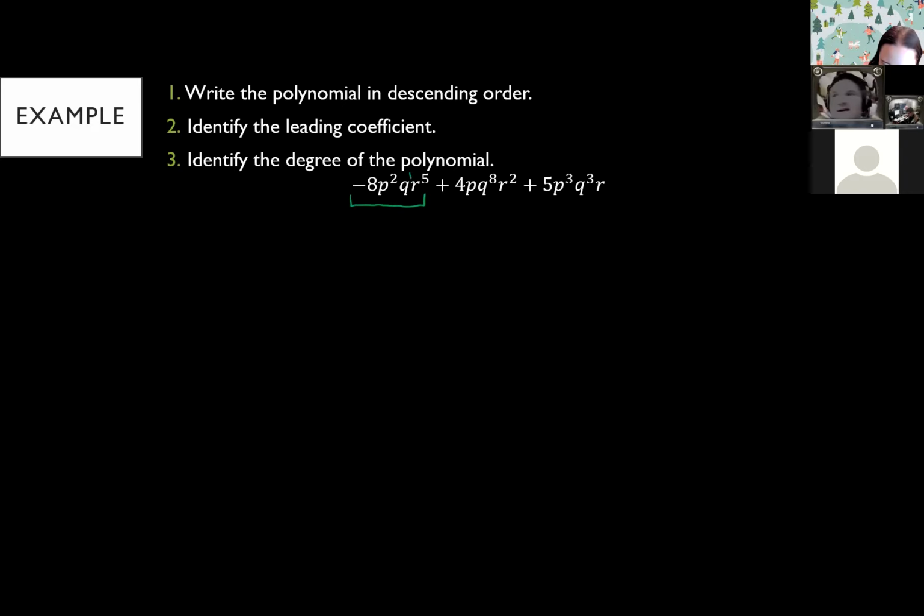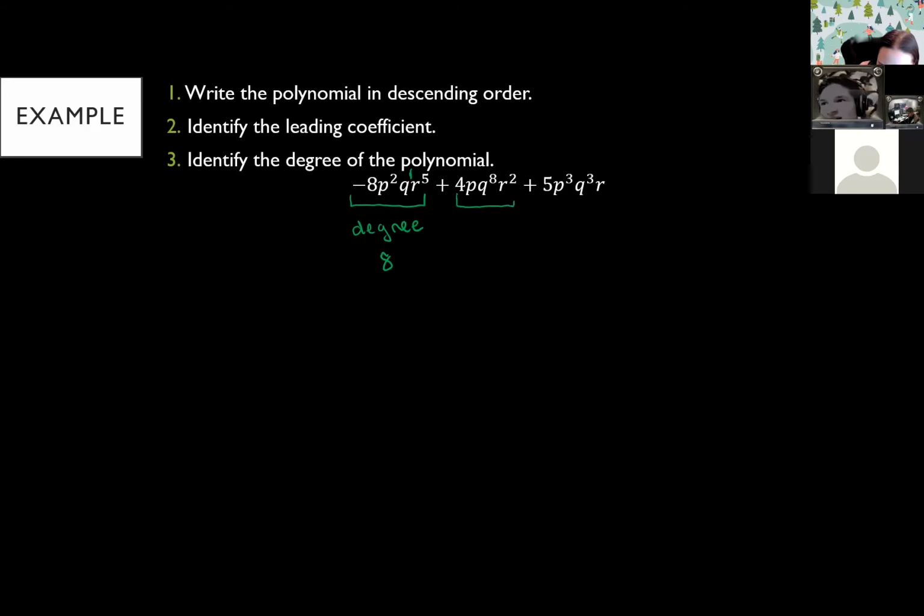If there's a variable without an exponent, you put 1, and then you add your exponents together. So this term, 2 plus 1 plus 5, is 8. So this term is a degree 8. So you're adding your exponents on the P, the Q, and the R.